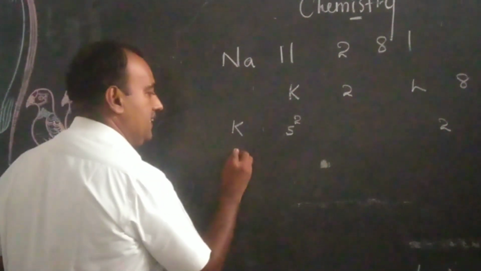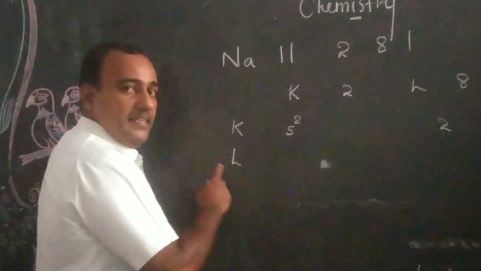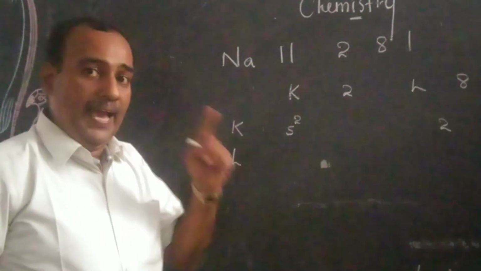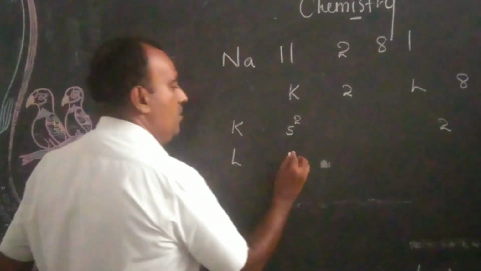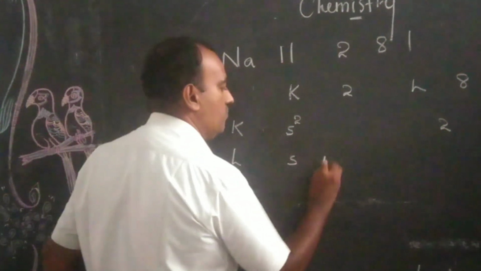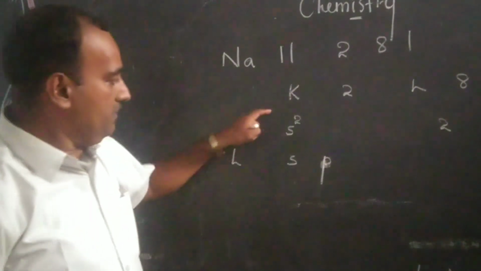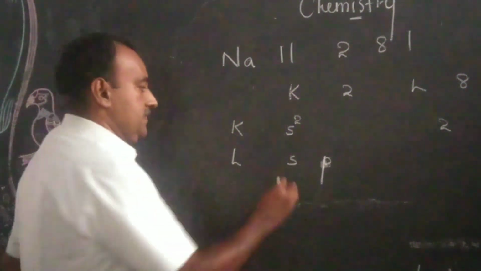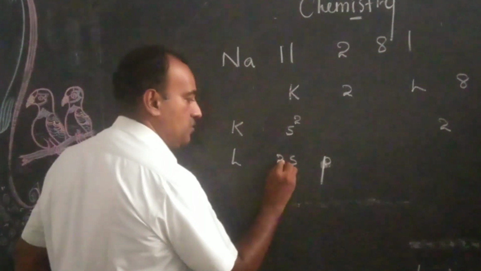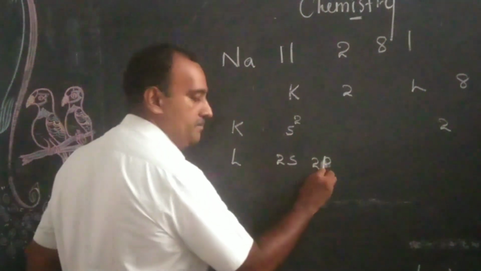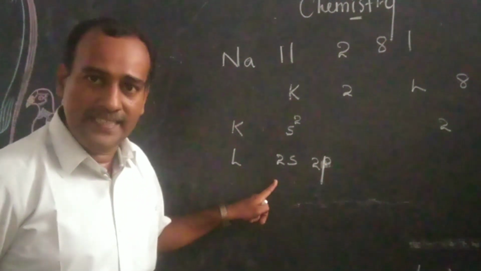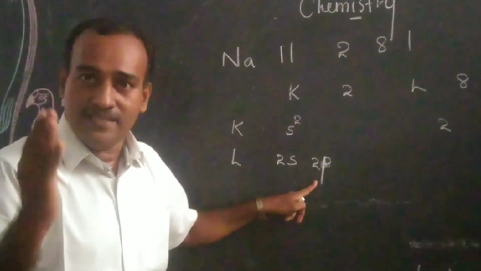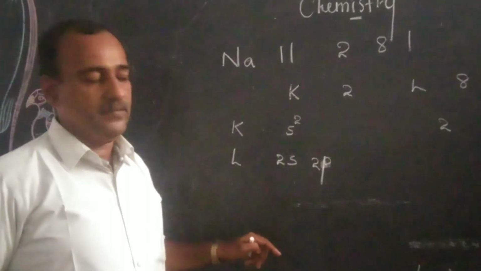Similarly, the next energy level, the L shell, has 2 subshells, s and p. To differentiate, we represent them as 2s and 2p. The 2 indicates the second energy level or second shell.